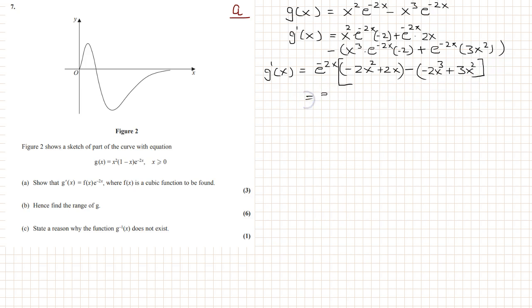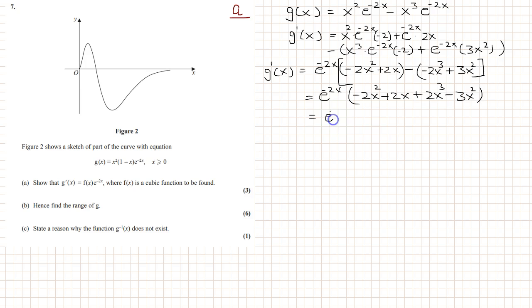So if we simplify it further, e to the power minus 2x, this is minus 2x squared plus 2x plus 2x cubed minus 3x squared.